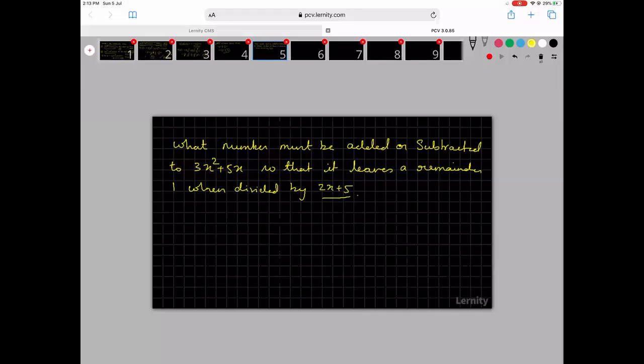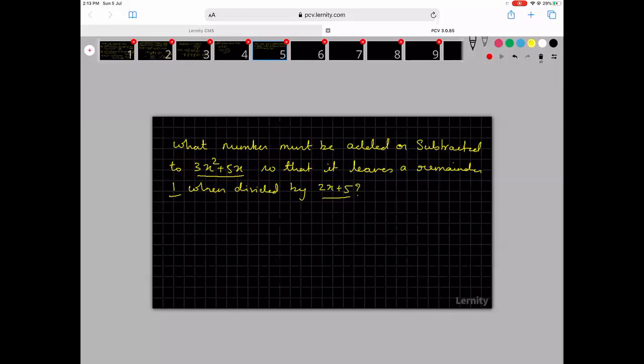What number must be added or subtracted to 3x square plus 5x so that it leaves a remainder 1 when divided by 2x plus 5.